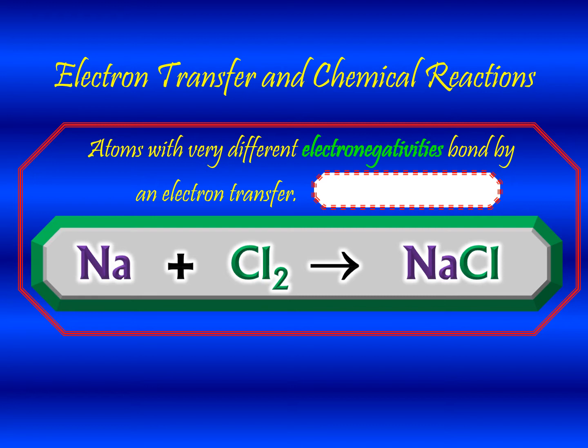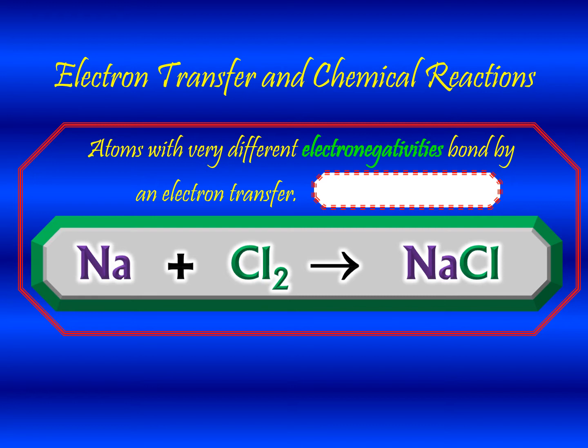Sodium, being a metal, an alkali metal, has extremely low electronegativity. Chlorine, being a halogen, has one of the highest electronegativities. In fact, it's the third highest of any element. So when they get together with each other, it's just not a fair battle. Chlorine is clearly going to be hogging those electrons.